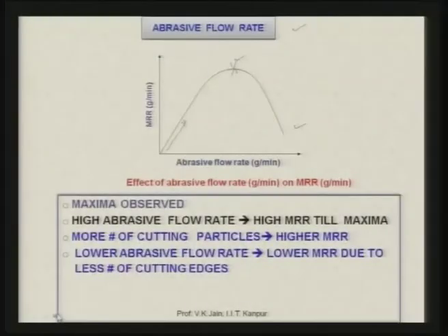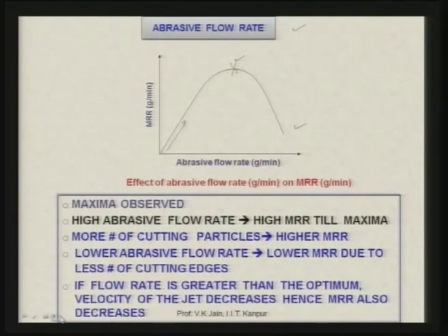As a result, you can see material removal rate is increasing up to the maxima. With lower abrasive flow rate, you will get lower material removal rate due to fewer cutting edges. Now, if flow rate is greater than the optimum value, then the velocity of the jet decreases, hence MRR also decreases, because the pressure of the jet is distributed amongst more abrasive particles.